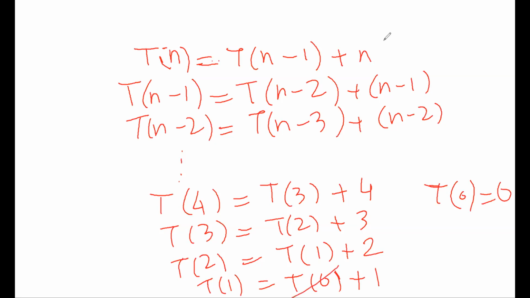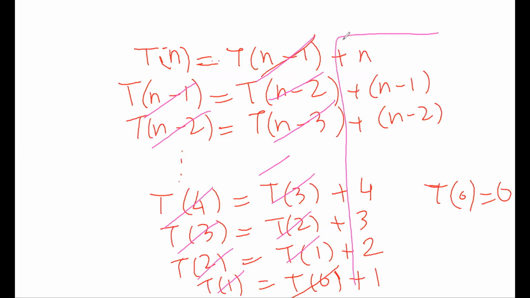Again, how do we calculate what is the actual runtime? We'll add all of them. So this and this cancels. This will cancel with the previous term. So what you are left with is this part. What is this?